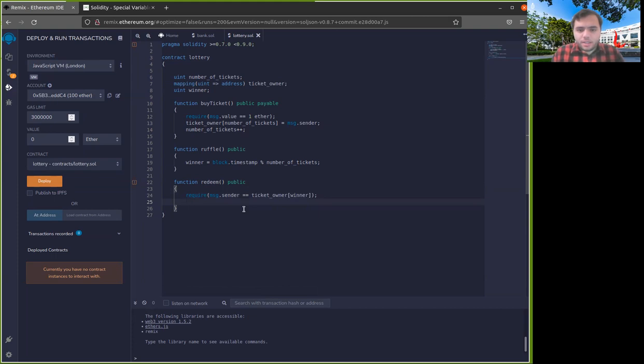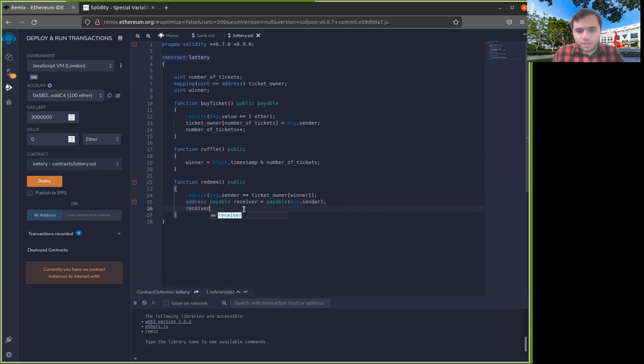And then I would just send them the money, right? So let's have someone who will get this, I will call it receiver, and this would be the person who called this function, and I have to, of course, make it payable.